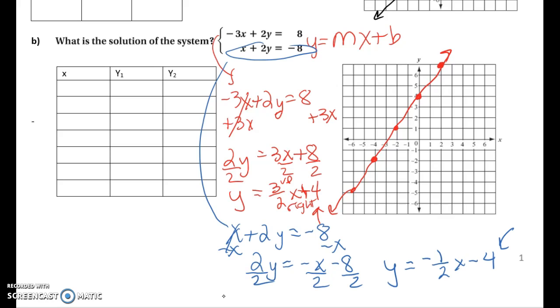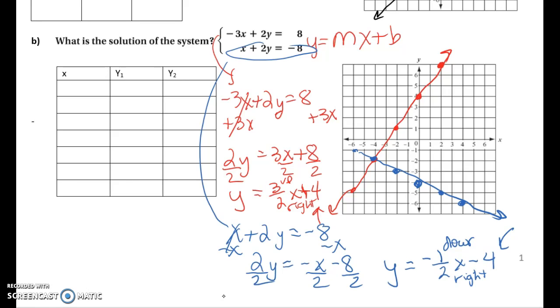So I'm going to plot the -4 first, and then my slope is down 1, right 2. Down 1, right 2. Down 1, right 2. I should also go in the opposite direction, which would be up and left. Up and left.